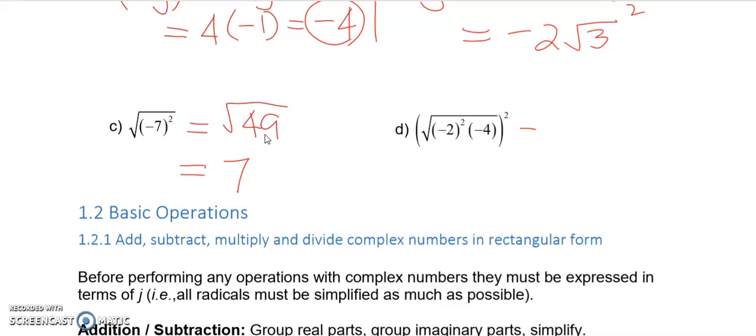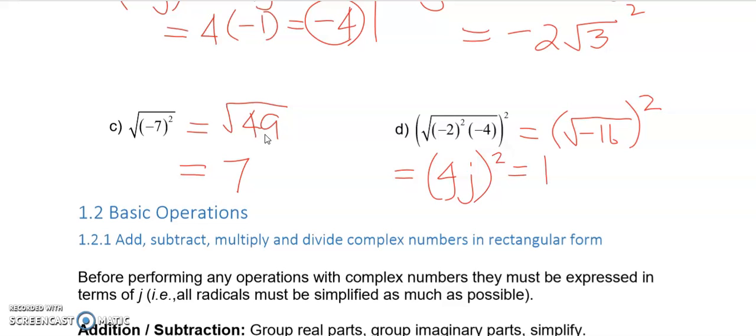One thing you could have done first is just call this the square root of negative 2 squared is 4 times negative 4. Well, that's still negative 16 to the power of 2. And the square root of negative 16 is 4j. 4j, well, that 4 looks like a j, doesn't it? Squared.